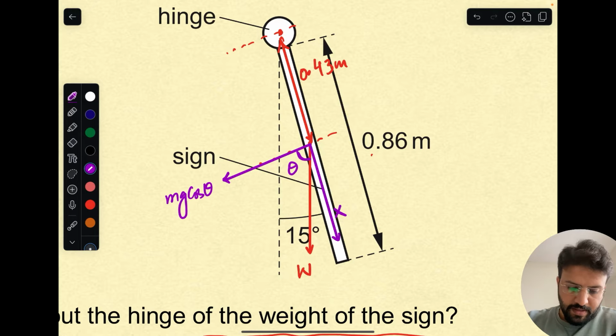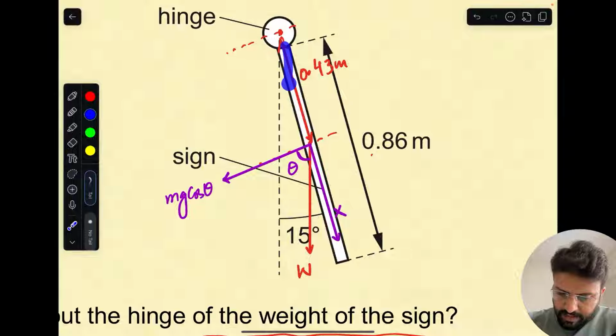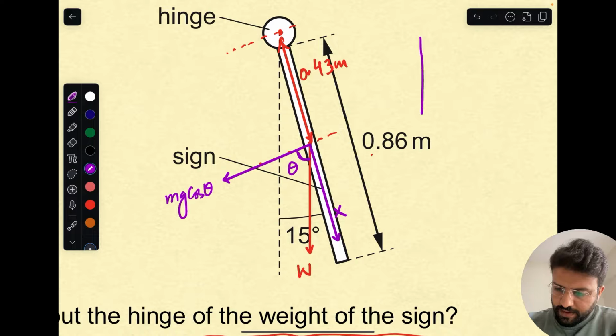That is wrong. Why is that wrong? If you look at this, it is making a triangle. Let's draw it here.